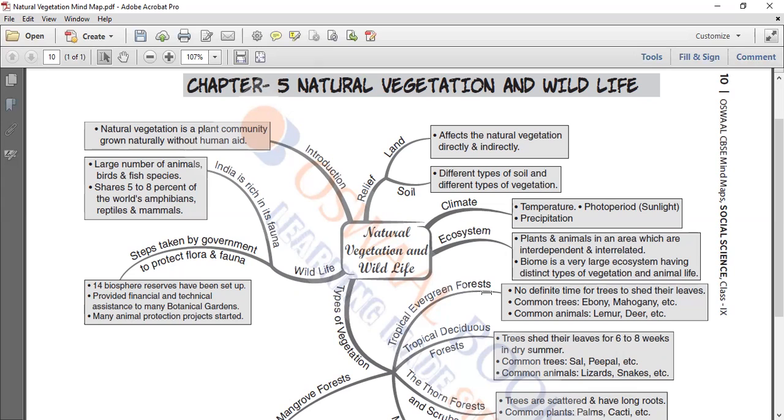What are the reasons because of which these ecosystems, or parts of the ecosystem, are under threat?